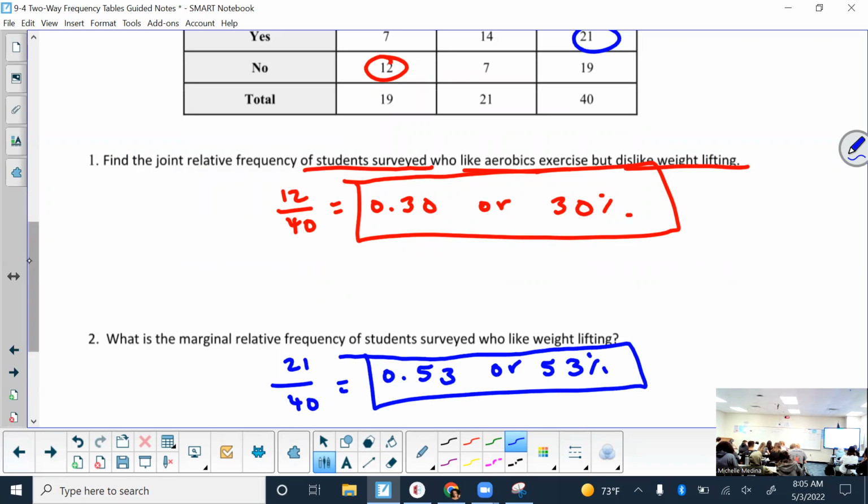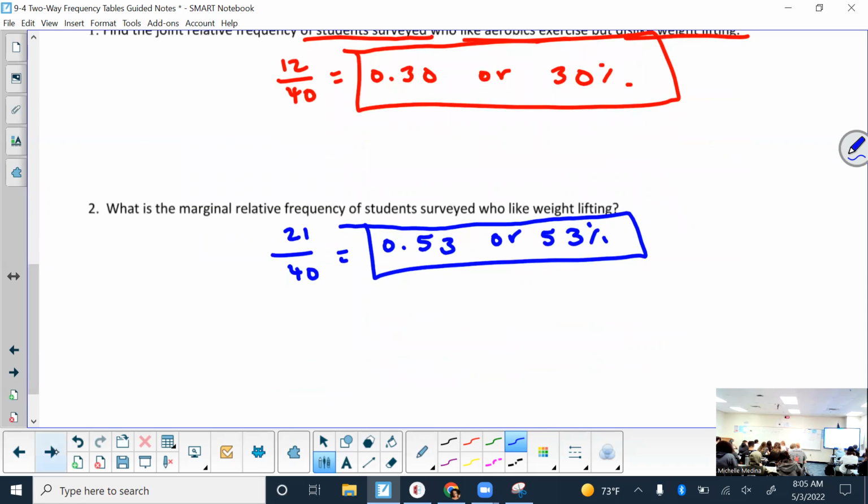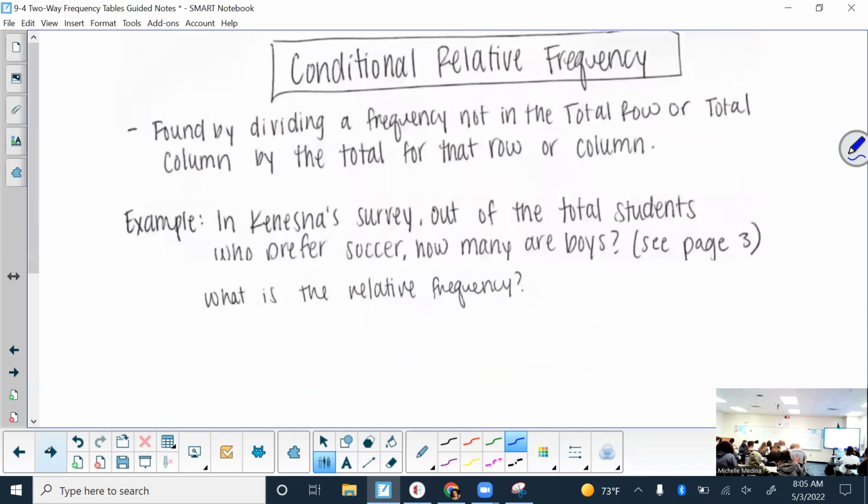All right, one more thing, and sorry, I know it's on the back side, I didn't print it for you, but I'm gonna have you fill this in. So just at the top, conditional relative frequency, and then write this down.